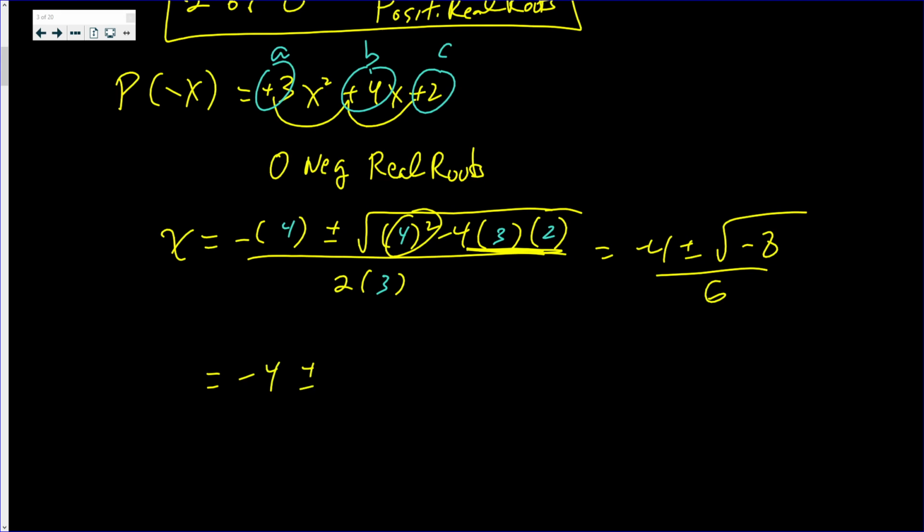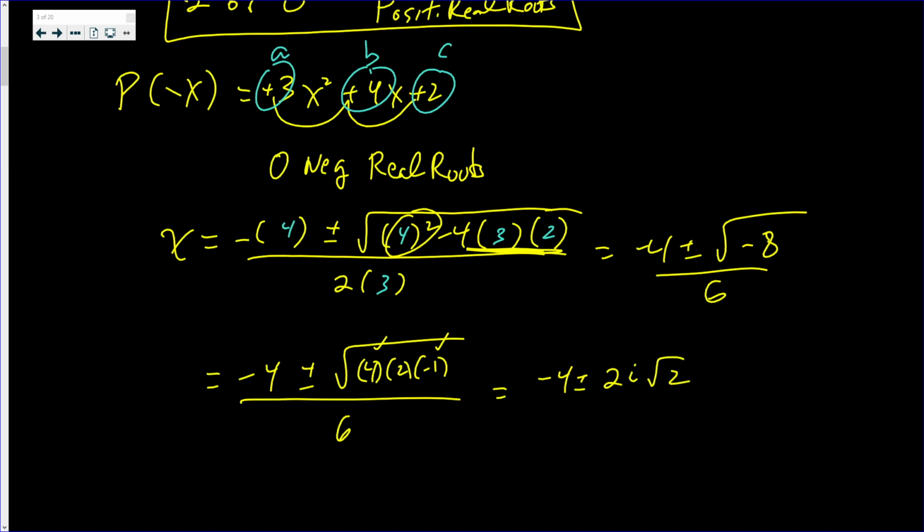Now, the square root of negative 8. Well, the largest perfect square that goes into 8 is 4. This is 4 times 2 times negative 1, all over 6. Negative 4 plus or minus. I know the square root of 4. I actually know the square root of negative 1.